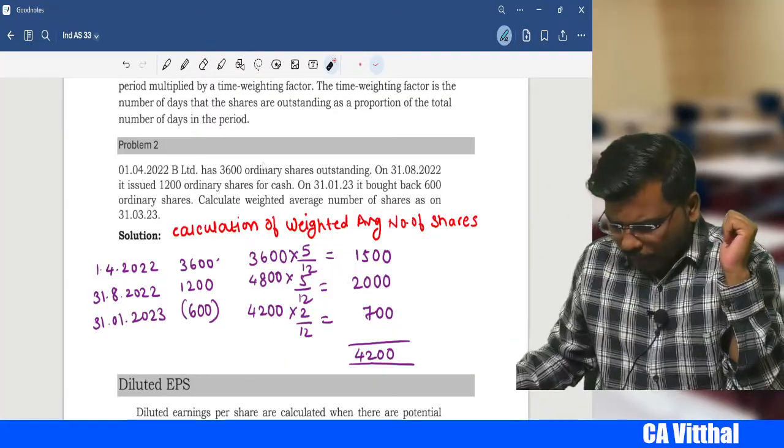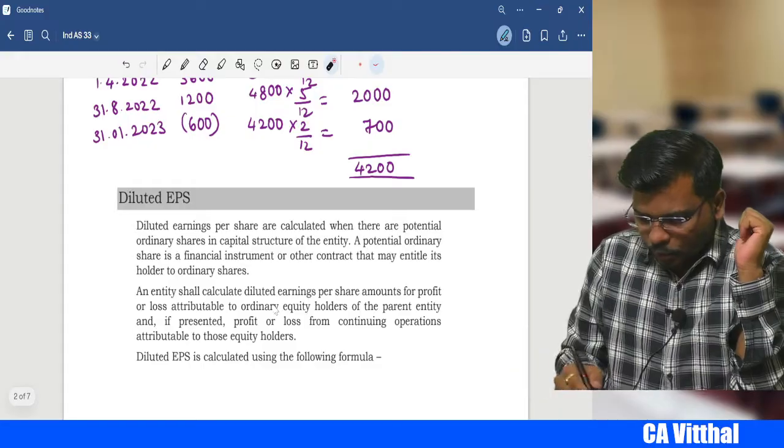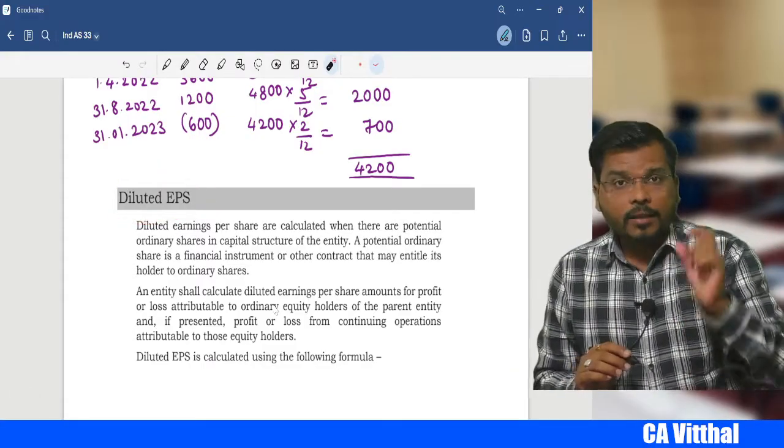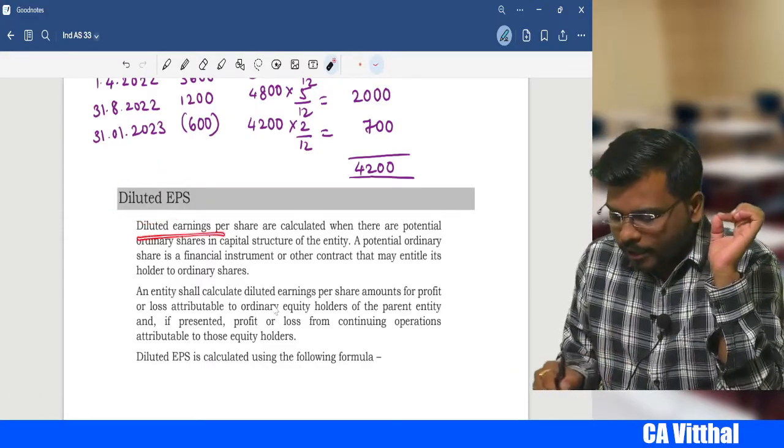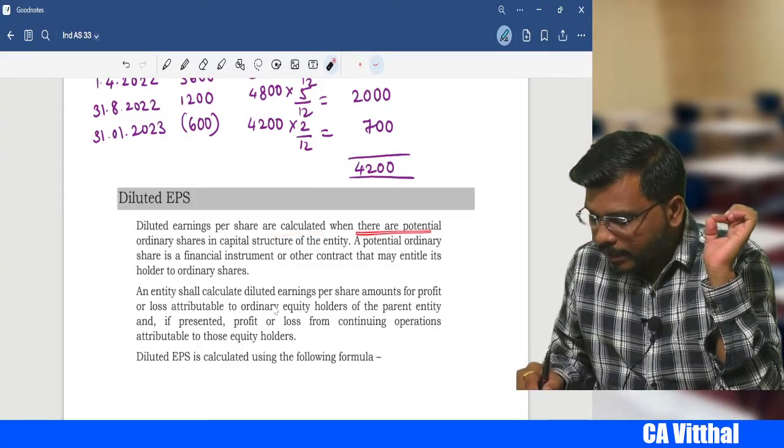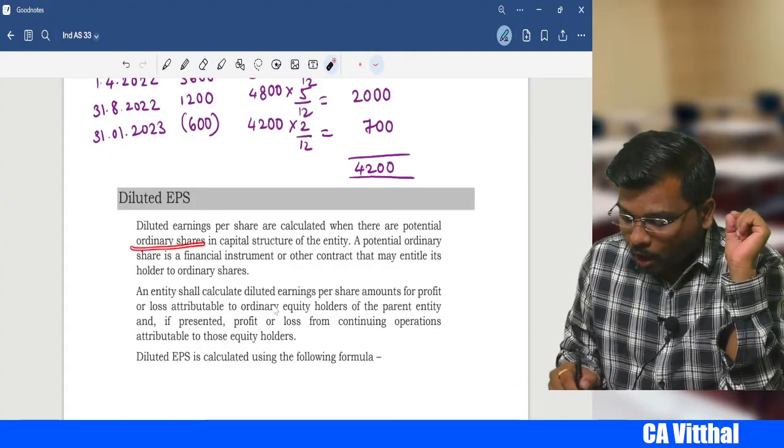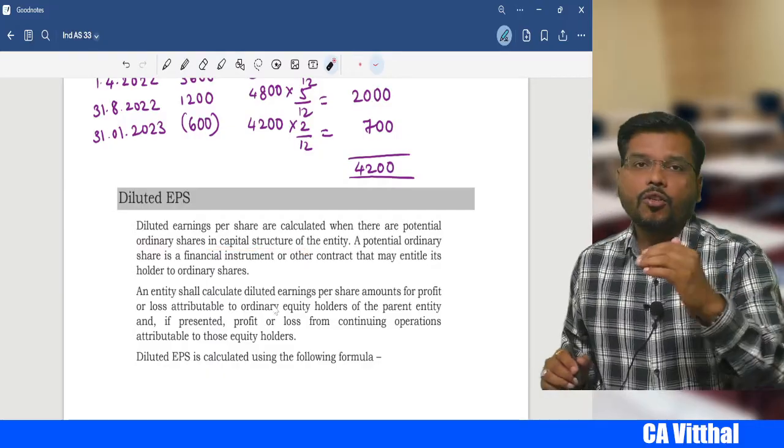After that, what is diluted EPS? Diluted earning per share is calculated when there are potential ordinary shares in the capital structure of the company.